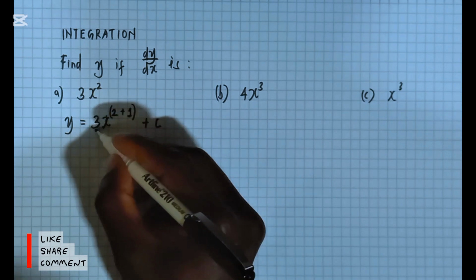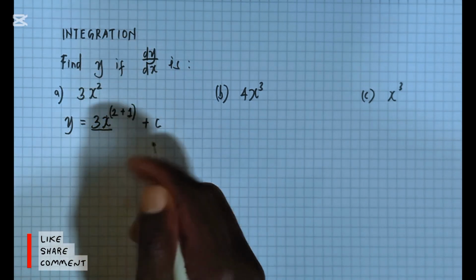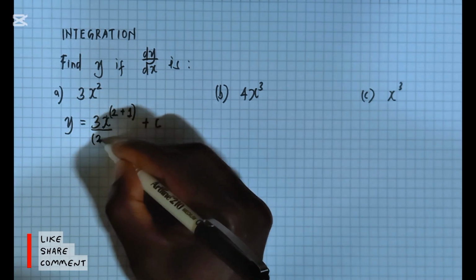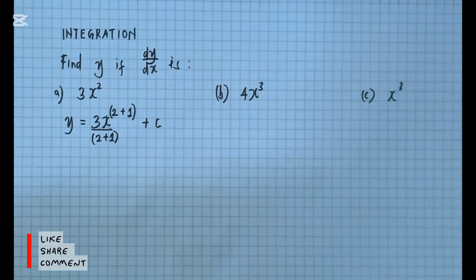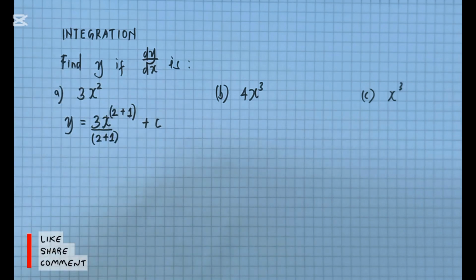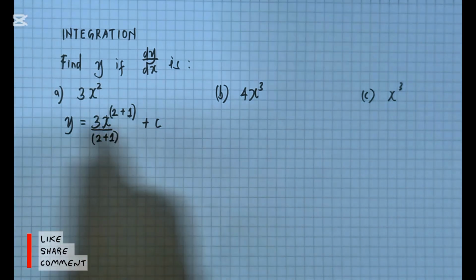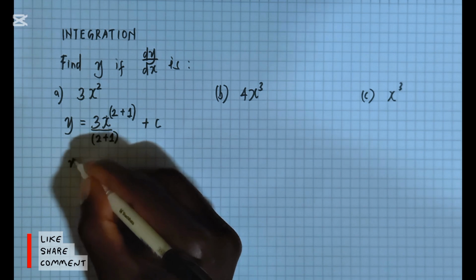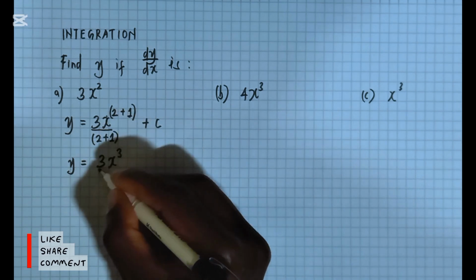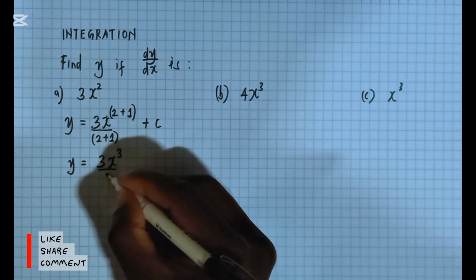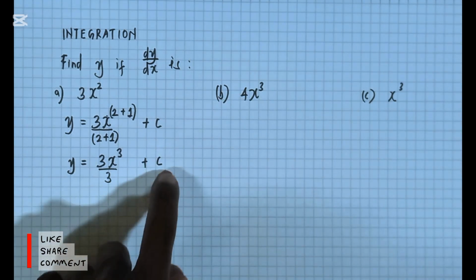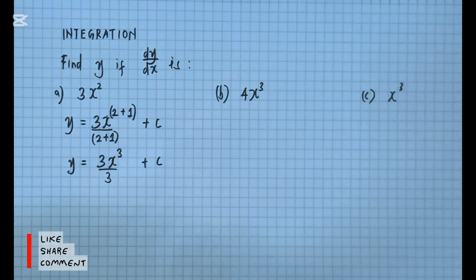Then we divide the whole term, that is the term whose integral we're trying to find, by the sum 2 plus 1, the sum of whatever we get in the index. We do not divide c by it, we just divide the term that we've actually performed the integration on. So our value for y will be equal to 3x to the 2 plus 1, which is 3, and on the denominator 2 plus 1 is 3, all of it divided by all of it, plus the y-intercept given by a constant c.